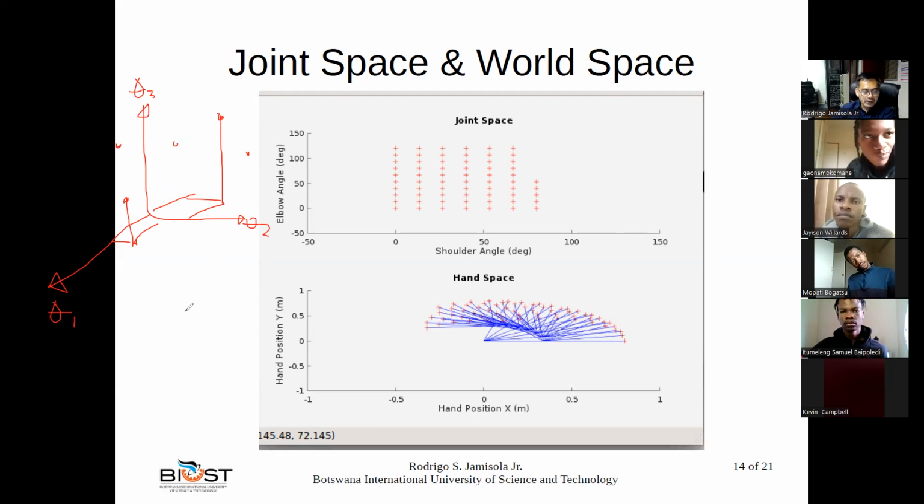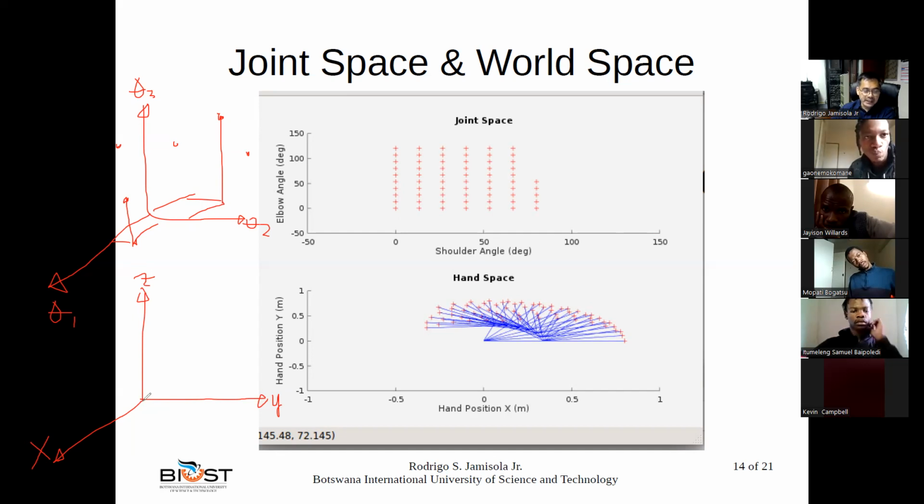And then you will also plot with respect to the hand coordinates. So now it becomes X, Y, and Z of the world. Because it looks like the physical world, you can just plot the hand in 3-dimensional space, for example, like that. This is your first hand position.